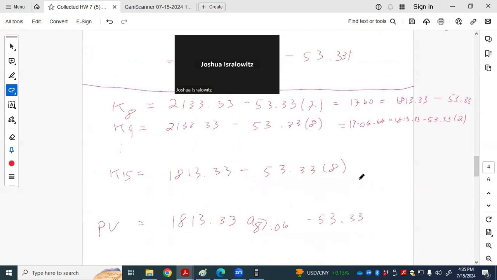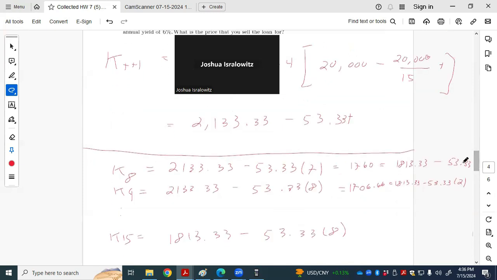People did it as a decreasing annuity plus a decreasing annuity. And I don't know how you would get it to match up to something plus a decreasing annuity. It just doesn't really add up. The problem is you're starting at 8. If it started at 1, obviously it's decreasing by 53.33 each time.